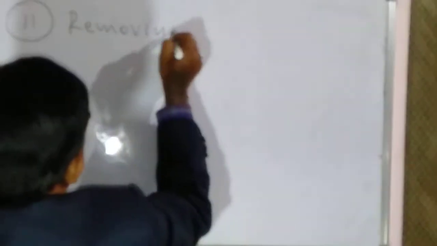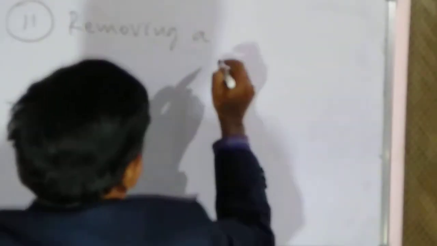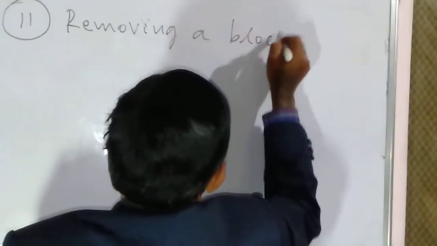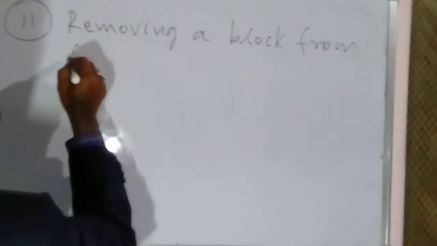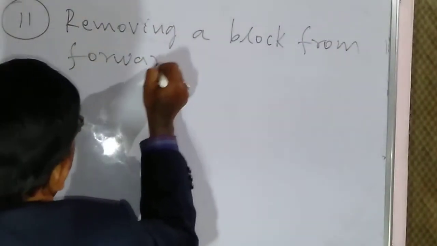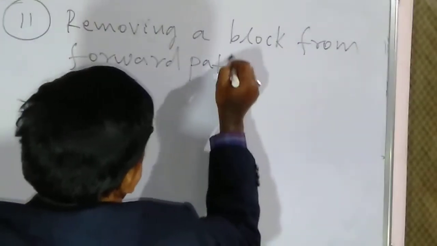Now rule number 11, removing a block from a forward path.